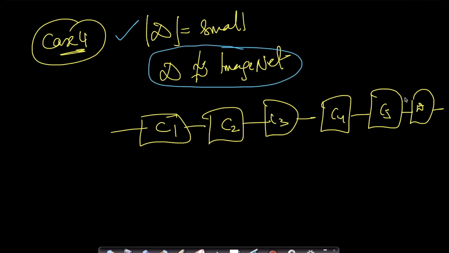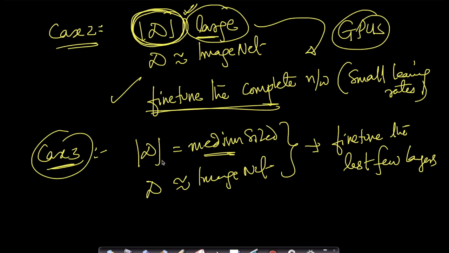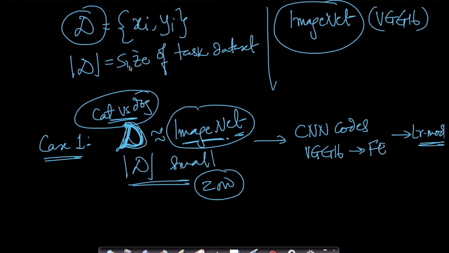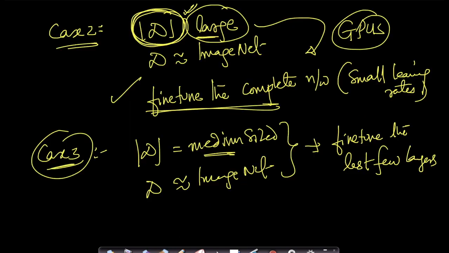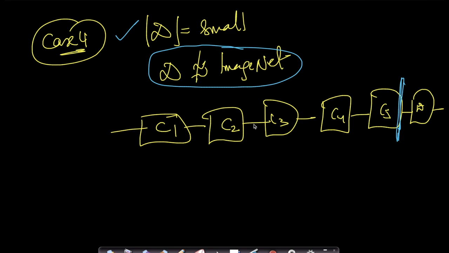Then, what were we doing here? If the data set is small, but it is similar to ImageNet, we are taking the CNN codes, which are almost at the last layer. Here, we will take all the outputs at an earlier layer.